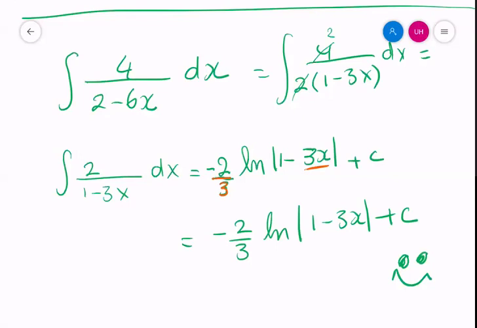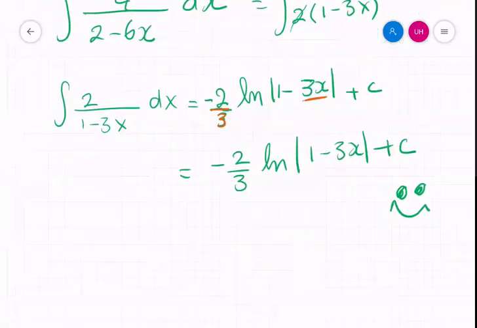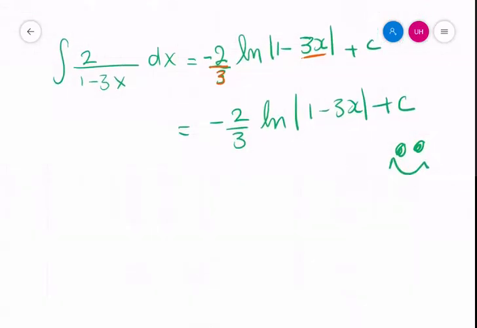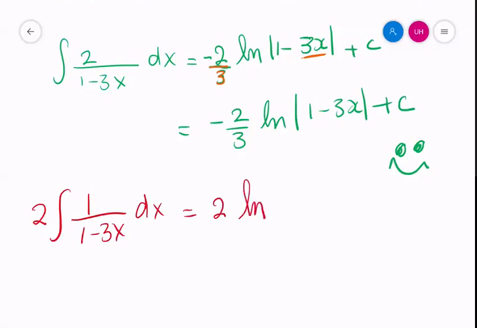Okay, you deal with it same as the one before. I'll write it down here if you want. It's like 2 times the integral of 1 over 1 minus 3x. And in this case, you can say it is 2 ln of 1 minus 3x, and then we divide by the derivative of minus 3x, which is minus 3.